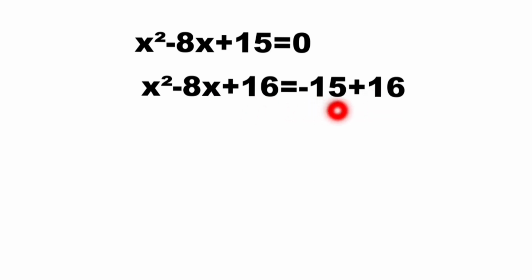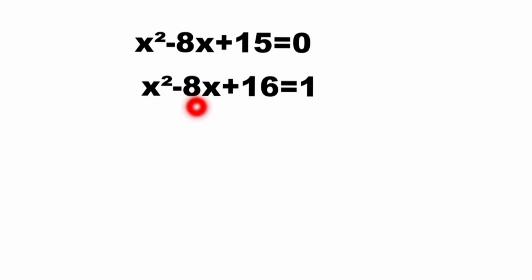And if you add this, this becomes 1. Notice that the left side is a perfect square, and also 1 is a perfect square. So factor this out into a binomial square.